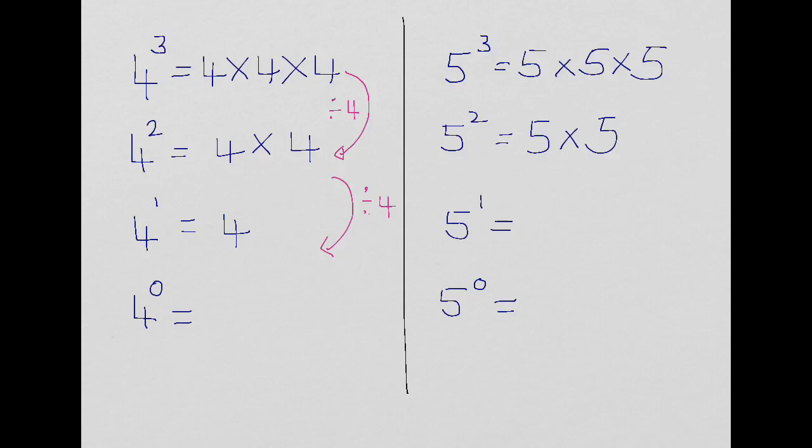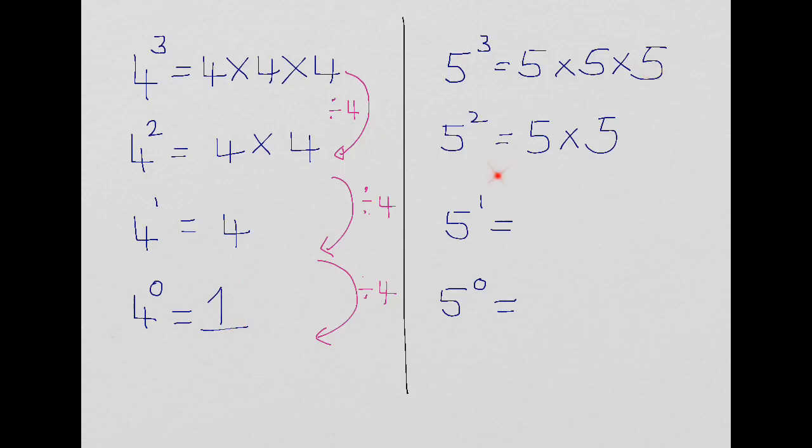Well, it's to help you understand what 4 to the power of 0 is. Well, 4 to the power of 0 is actually 1. And again, looking at that pattern, I would divide by 4, because 4 divided by 4 is 1.